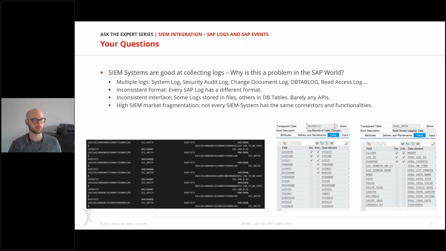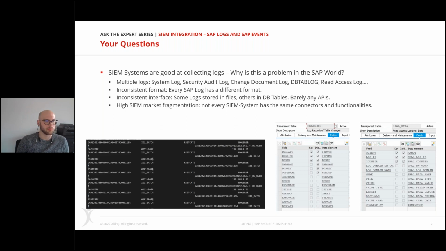So a lot of you probably know that SIEM systems or log management systems are good for this task. So what is the problem in the SAP world? Like, can I just push my logs into the systems?